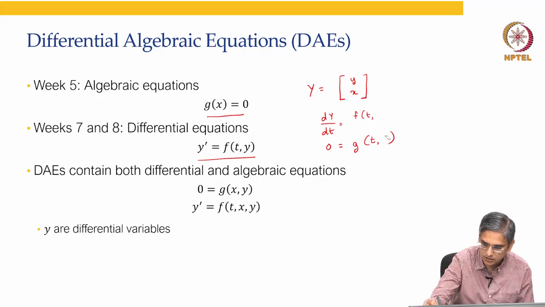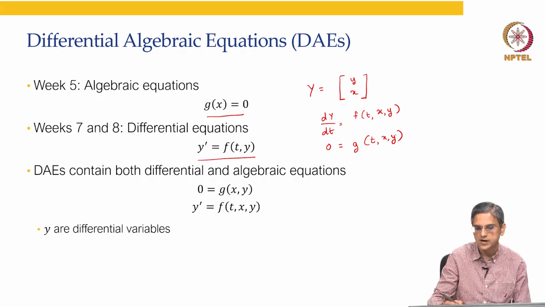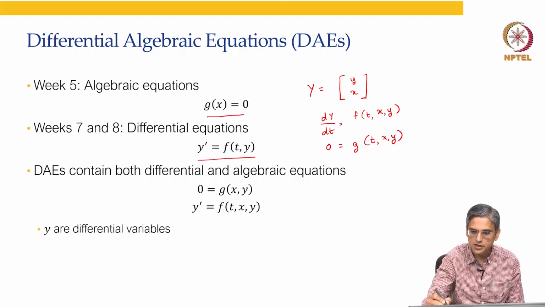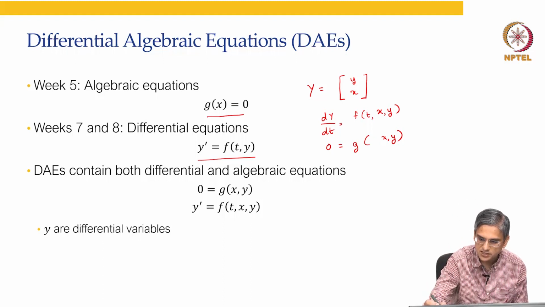So we can erase this and we can write this as this as well. So this is the nature of differential algebraic equation. We usually don't have t in this equation. So finally the differential algebraic equation is going to be of this nature.